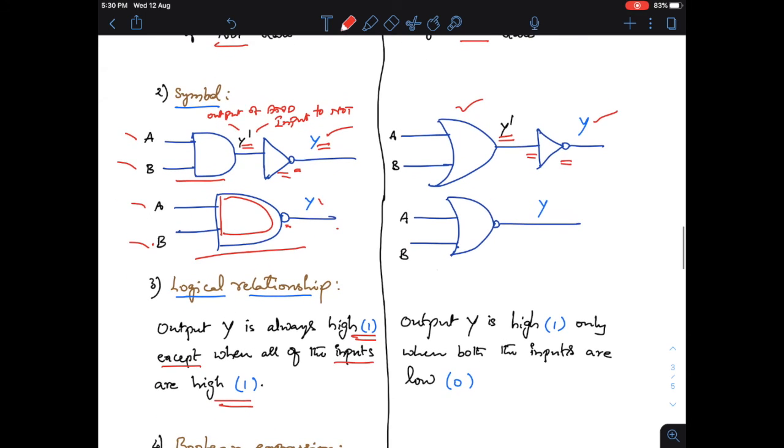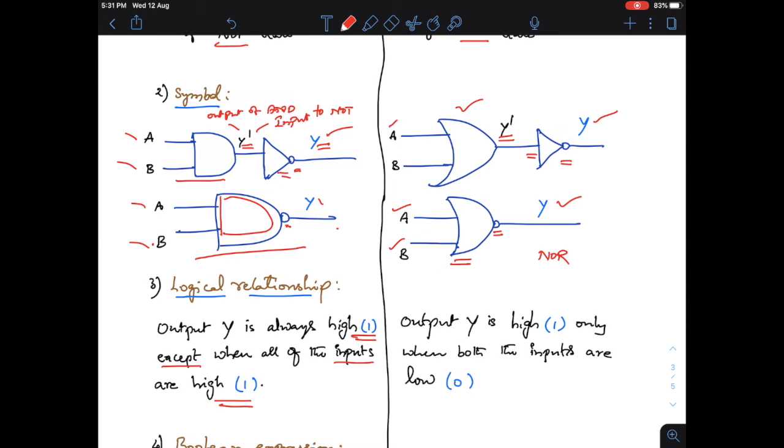So the same symbol I can represent just like what we have done in the NAND case. So this is the OR symbol and inverter. So you have a bubble here. So this becomes the NOR gate symbol. So A and B are inputs, Y is the output of NOR gate.